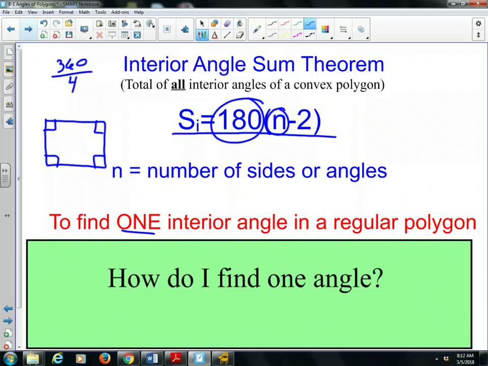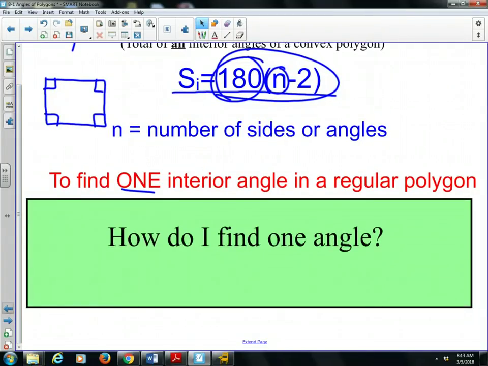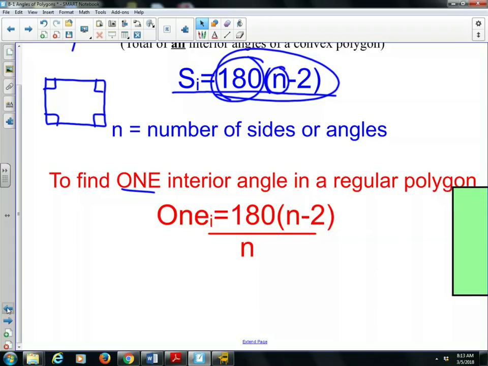So if this is the sum of the interior angles, where n is the number of sides, or angles, because it would be the same, if I wanted to find just one of them, I would divide by how many sides there are. So in our formula, we would divide by n: 180 times (n minus 2) divided by n. Those 2 formulas we're going to be using in just a moment.